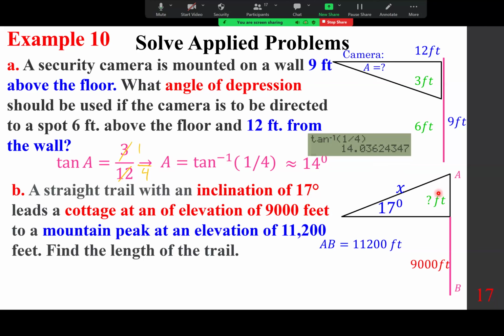So what is this equal to? The difference of these two numbers, 2,200 feet. Sine of 17 degrees is 2,200 feet over X. This is the opposite over the hypotenuse. Sine of 17 degrees is 2,200 divided by X, because we found this to be 2,200.